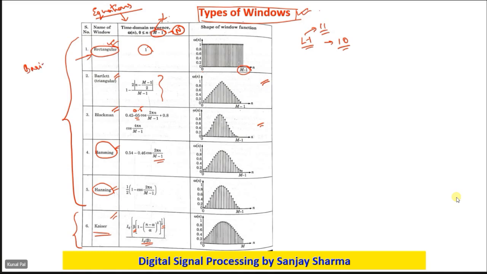This is the most basic window function, and it is especially used during the early stages of teaching, so that the students have an idea of what is going on with the window function.